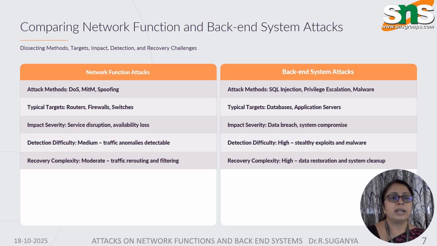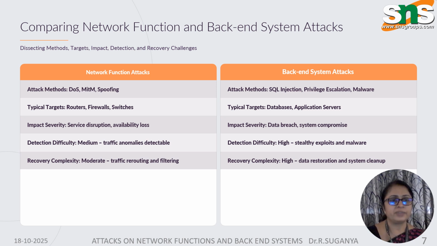Next is comparing network function and backend system attacks. For network functions we have DDoS and spoofing, and for backend systems we have SQL injection, privilege escalation and malware. The targets for network functions are routers, firewalls and switches, and for backend systems the database and application server. Impact severity for network functions is service disruption and availability loss, and for backend systems it is data breach and system compromise.